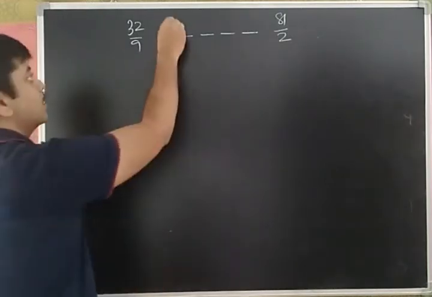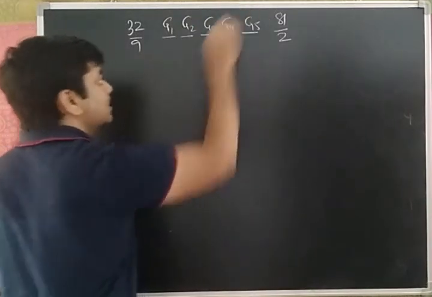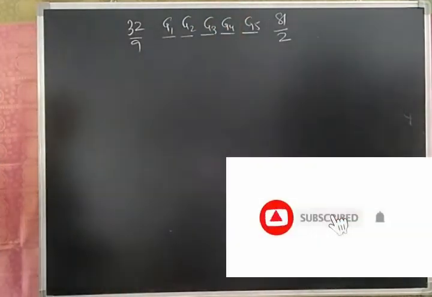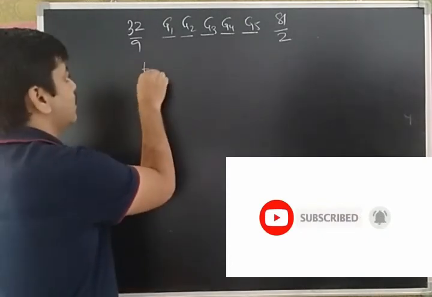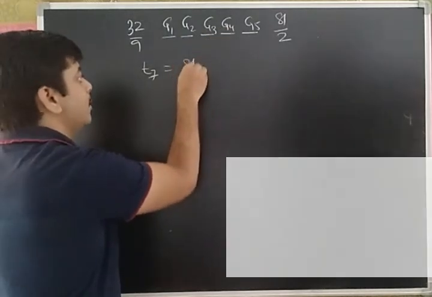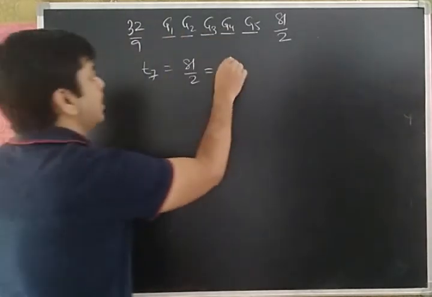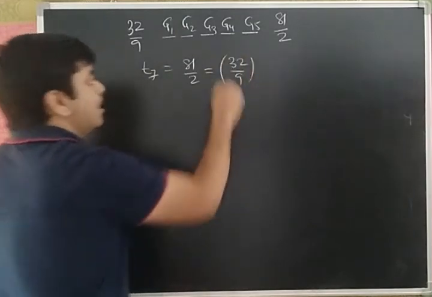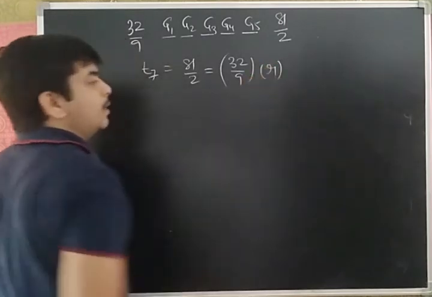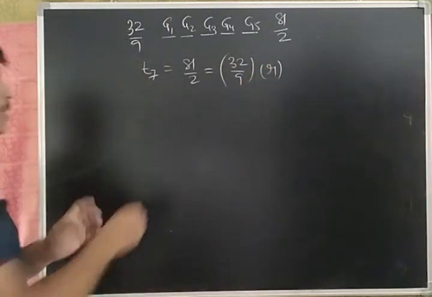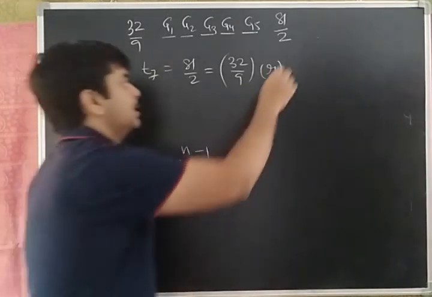So we have Z1, Z2, Z3, Z4, Z5. So the total number of elements is 7 again. So T7, the seventh element, is equal to 81 by 2, which is equal to A, that is 32 by 9, into R power n minus 1, n being the number of elements, which is 7, minus 1 is 6.